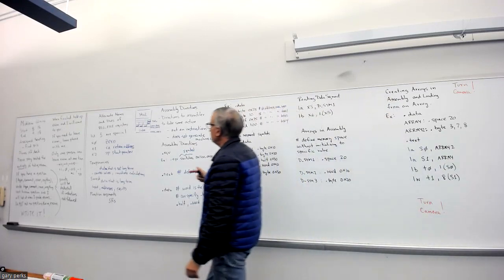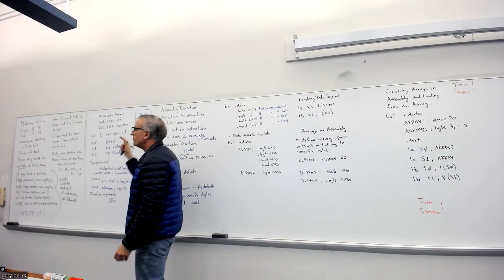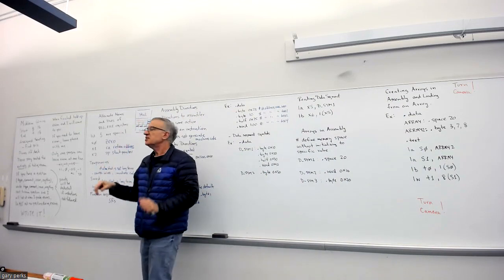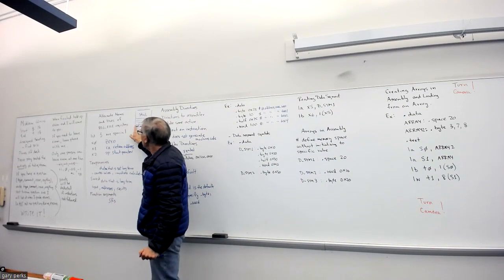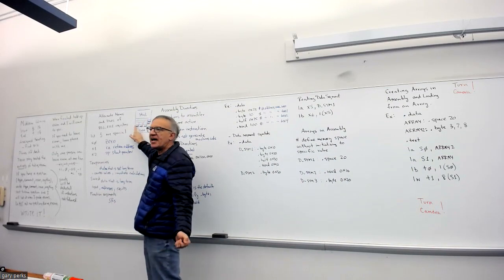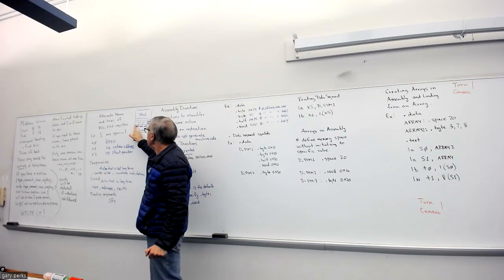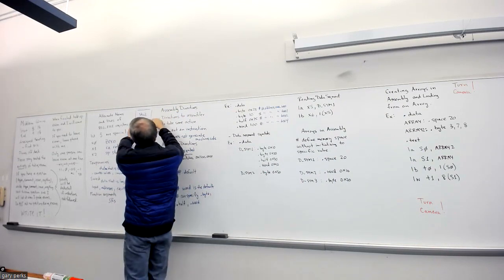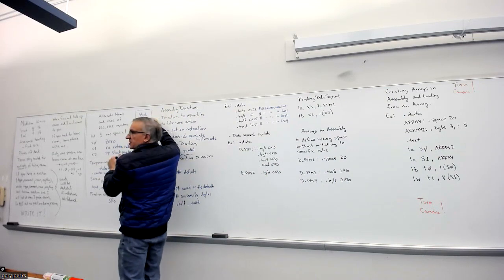And as we talked about before, you can never cross word boundaries. So you wouldn't be able to put a half word in the data segment at address 6003, because if you tried to do that, it would try to cross this word boundary. It would try to put a byte here and a byte here.